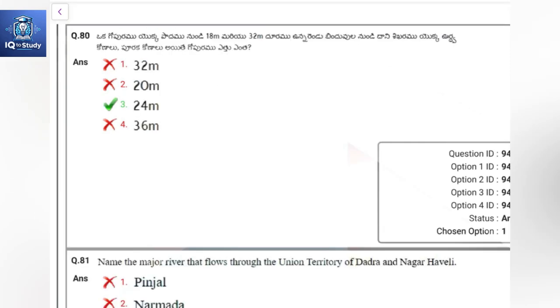Given 18 meters and 32 meters are the bases of a tower. We have to find the height of the tower, given that the angles of elevation of the top of the tower from 2 points on the ground at distances of 18 meters and 32 meters are complementary.